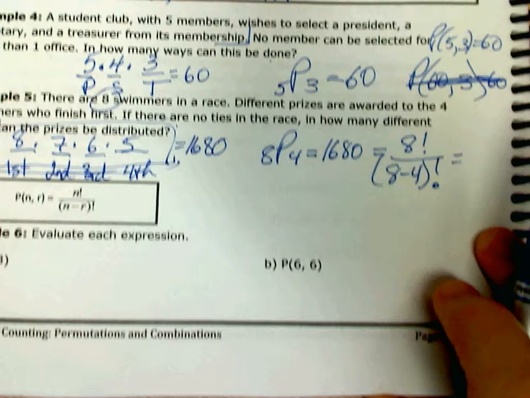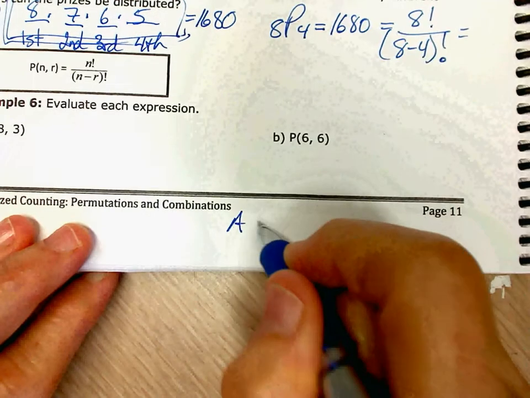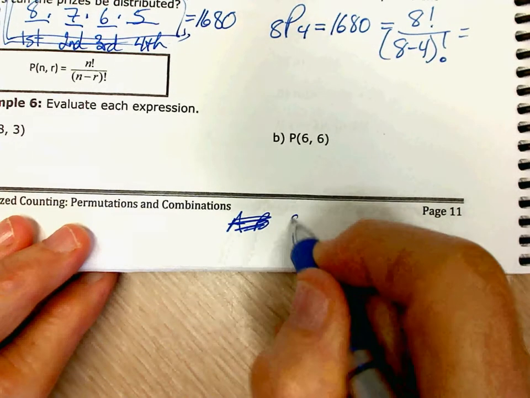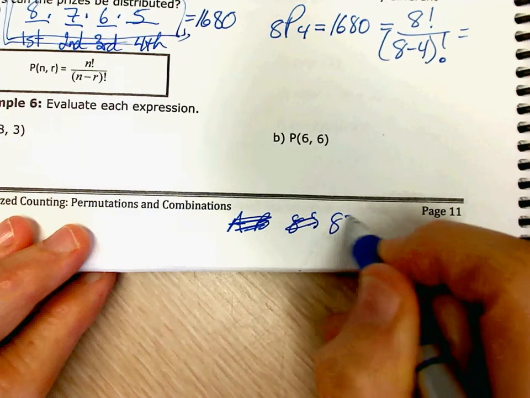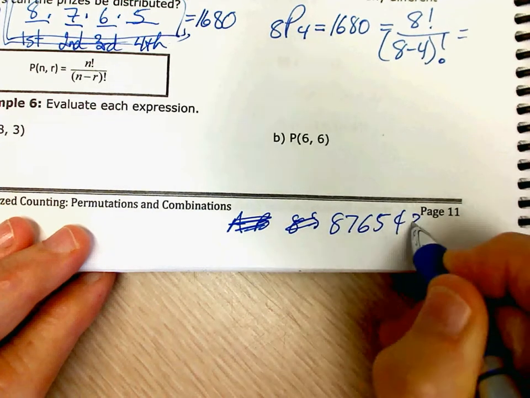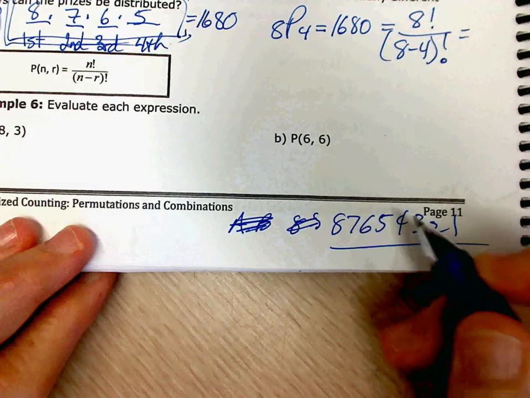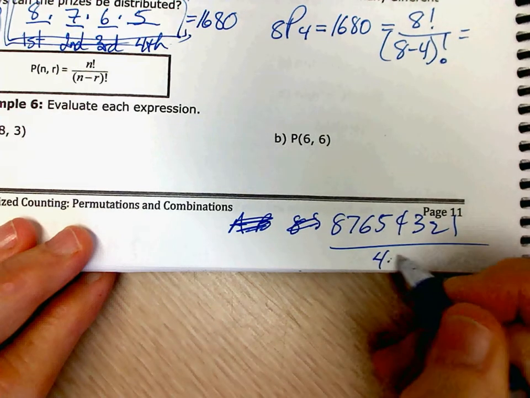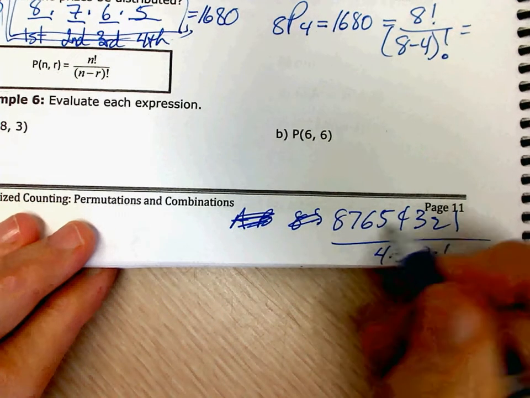So you have racer A, B, well, I won't do that, 8, 7, 6, 5, 4, 3, 2, 1. Well, there were 4 that were not chosen, so we're subtracting 4 factorial.